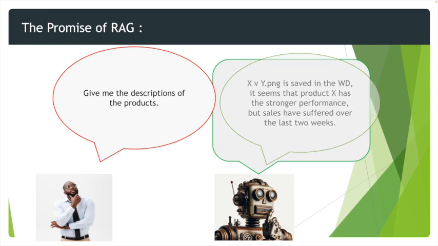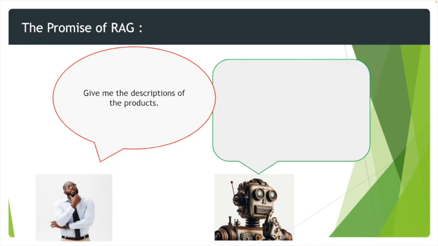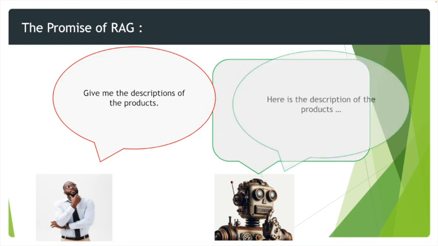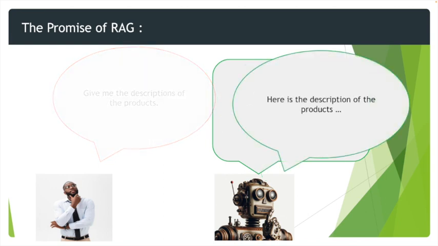Well, another tool that this large language model can have at its disposal is maybe some manual of procedures, which has got descriptions of all the company products, detailed descriptions of the specifications, etc. So having access to that tool, the large language model decides, okay, yeah, I'm going to go out and have a look in these manual of procedures. We'll go into that in a little bit more detail in a short time. And he goes and finds the relevant products from the manual of procedures and then reports back the results. He gives the descriptions of the products.